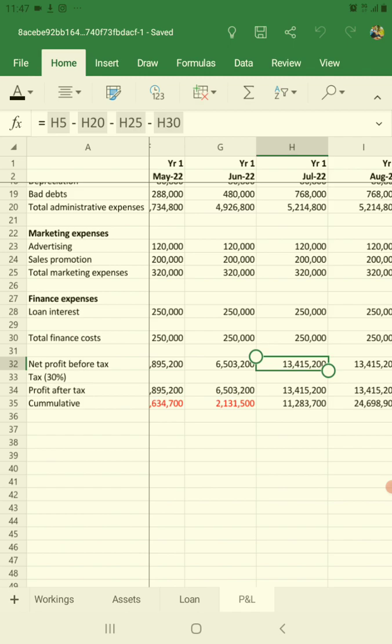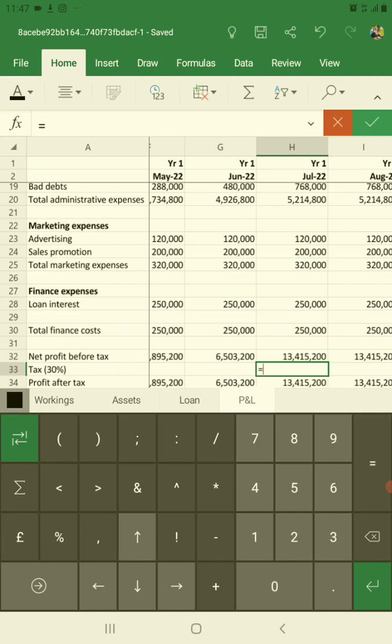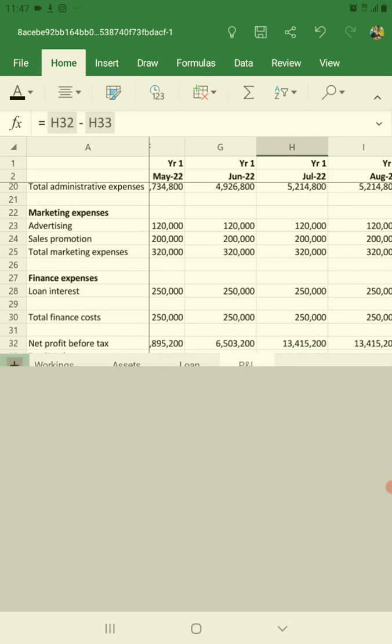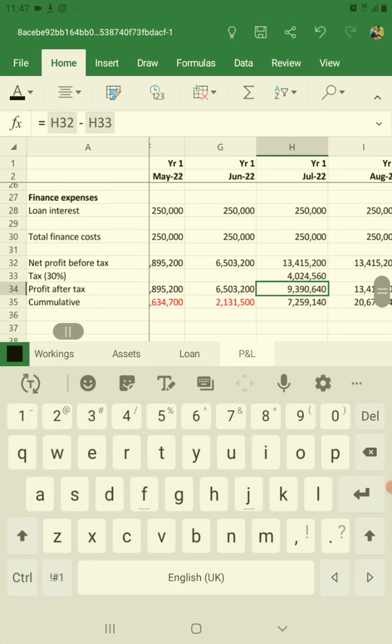So I'm putting a formula here for tax. Double tap to start with, equal to, so my tax will be 30% multiplied by, I'm not going to pick this figure because that will cause a circular reference, so I just type the figure, 13,415,200. Okay, so I enter. That is the tax for July.